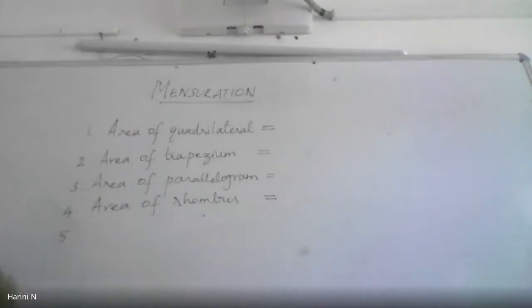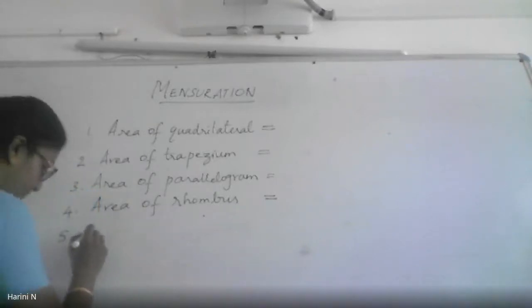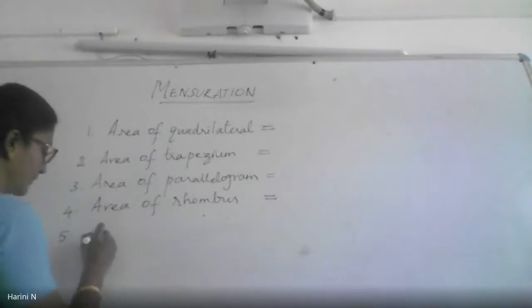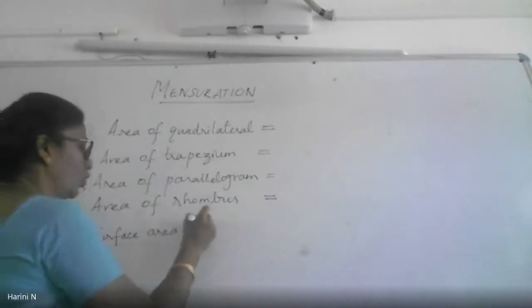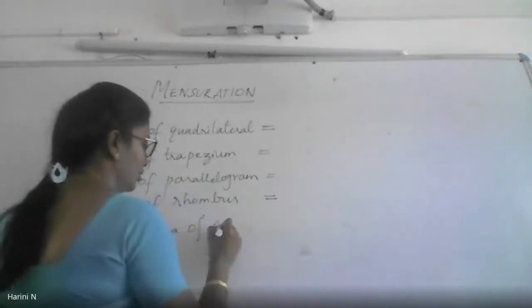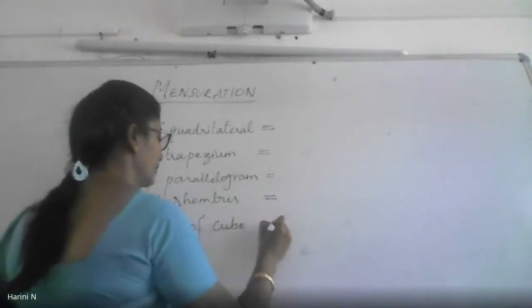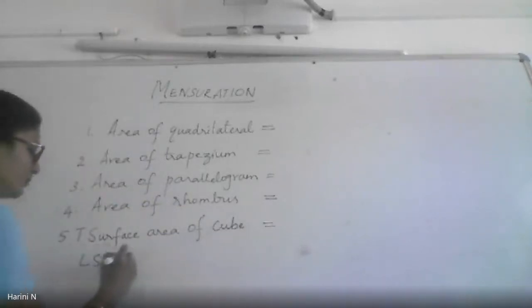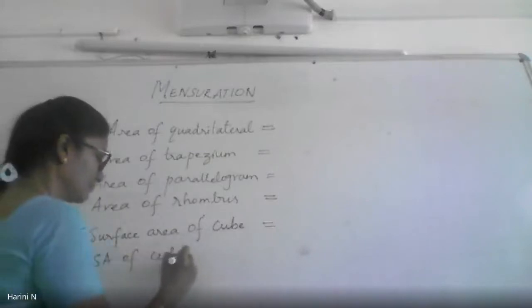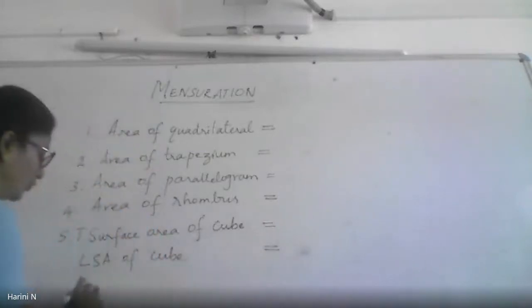Then we will go to the solids, where we have three basic solids that we have. First we will take surface area of cube, or I can tell the total TSA of a cube, then LSA of cube, then volume of cube.